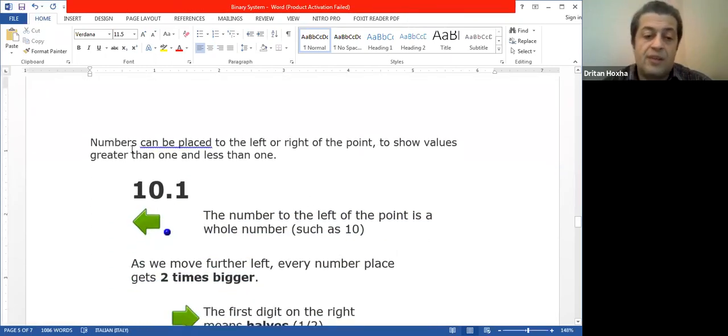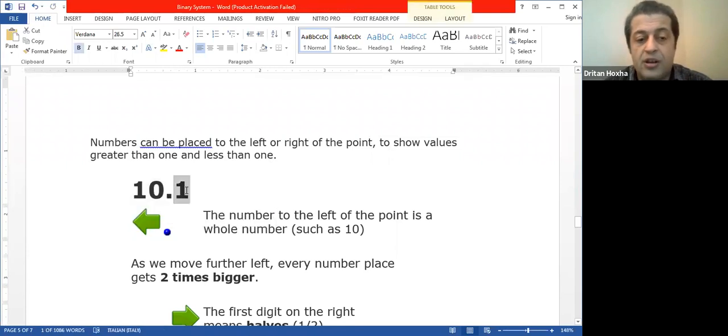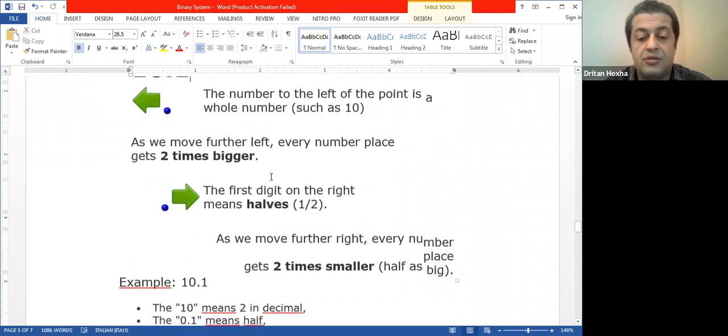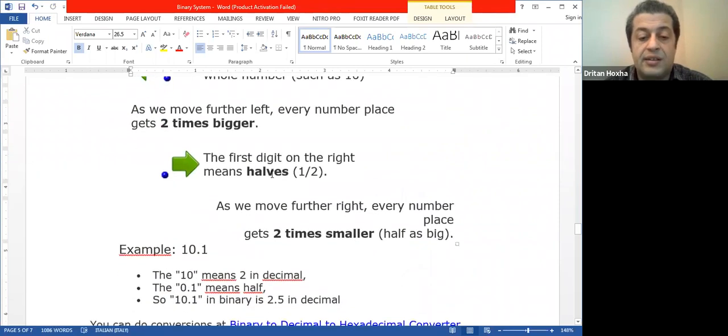So numbers can be placed to the left or right of the point to show values greater than 1 and less than 1. All these numbers are greater than 1. This number is smaller than 1 when we want to write this number as a decimal. What kind of number is this?